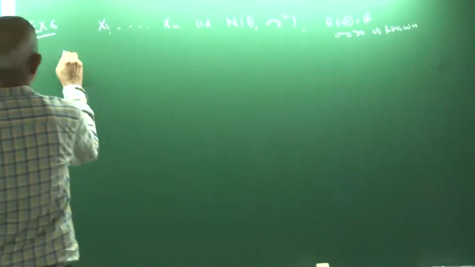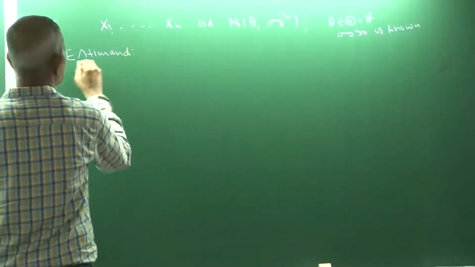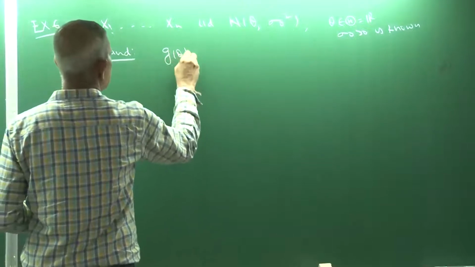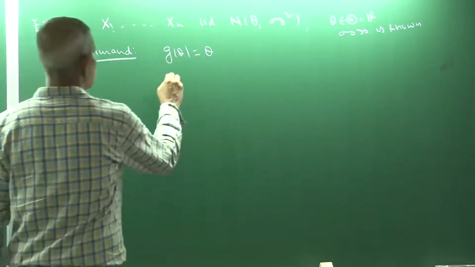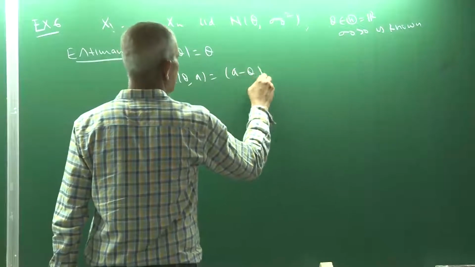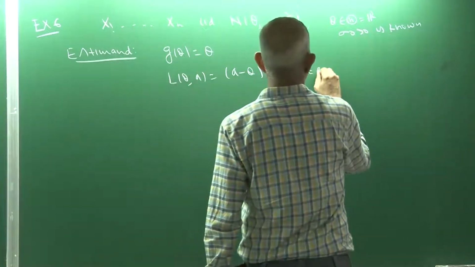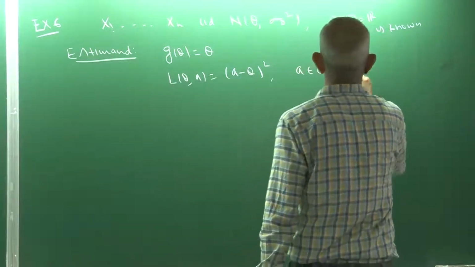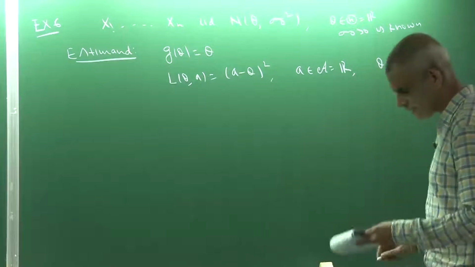Estimand is g(theta) is equal to theta. Loss function is square error loss function. So L(theta, a) is same as (a minus theta) whole square. A in the action space, which is whole real line, and theta belonging to capital Theta, which is again whole real line.